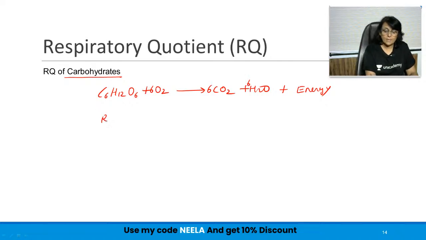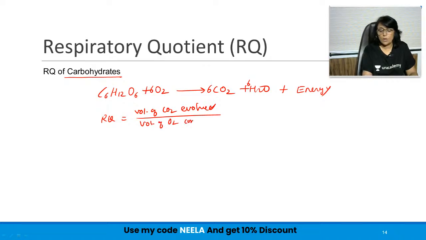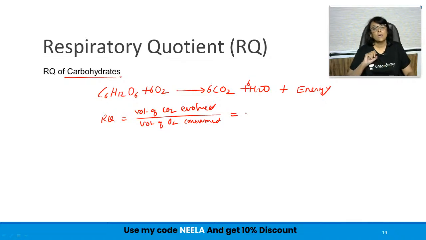Our formula is RQ equals volume of carbon dioxide evolved upon volume of oxygen used up or consumed. So here, how many carbon dioxide molecules are there? We write 6, evolved. And how many molecules of oxygen were used up? 6. So here it is 1.